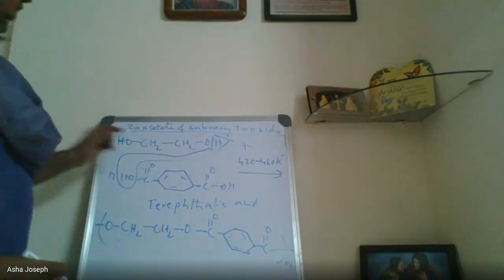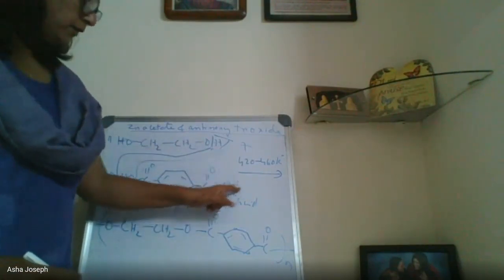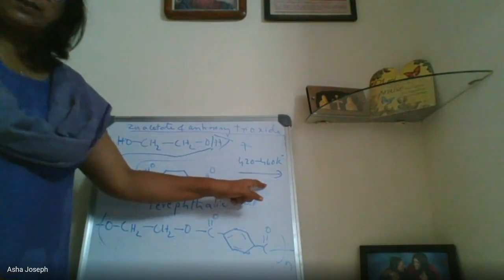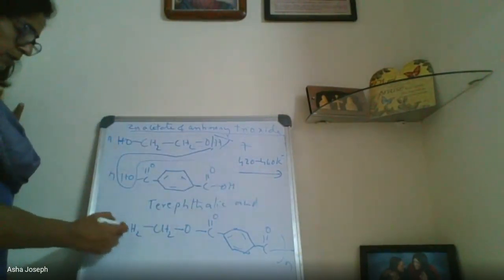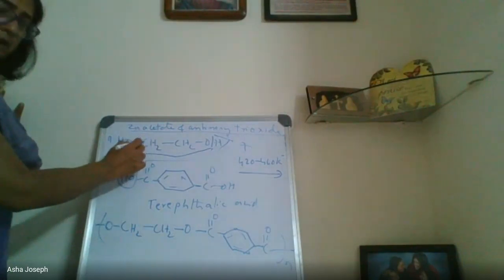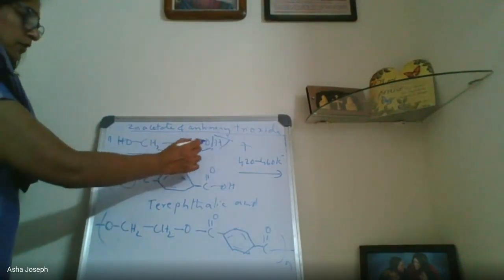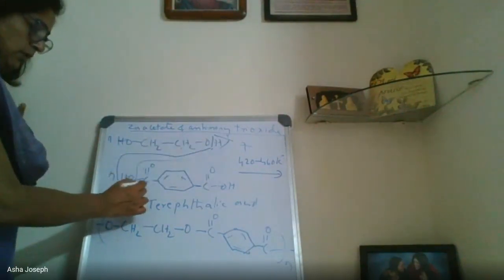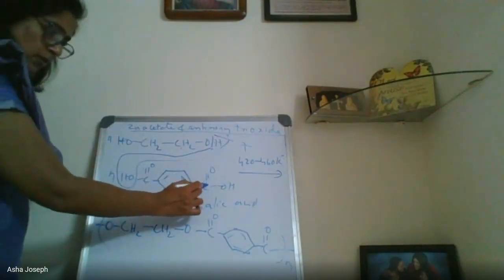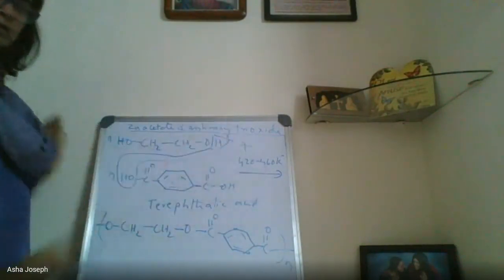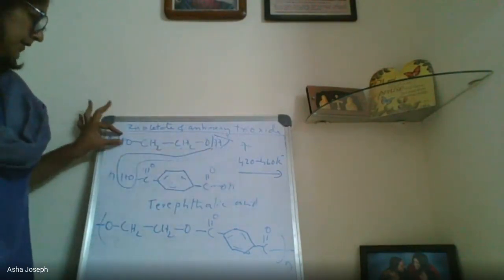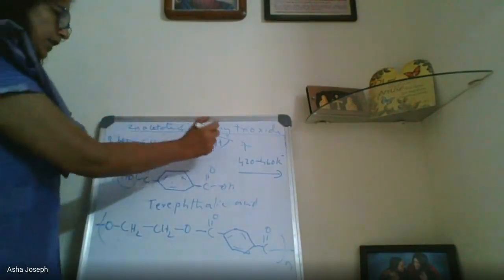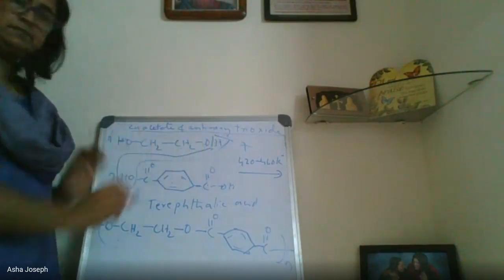And here I don't write OH, another glycol will come. So H I removed, put O, remaining as such. You look here: CH2, CH2, O, CO, benzene ring, CO. This OH, another glycol will come, so I don't write this OH, this H. And this water is eliminated. Clear?